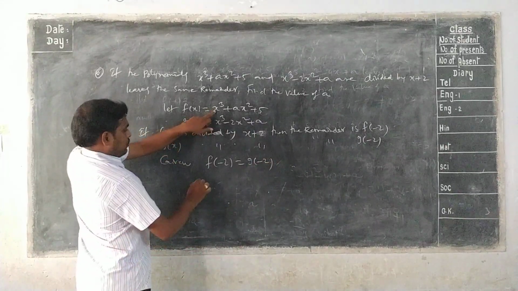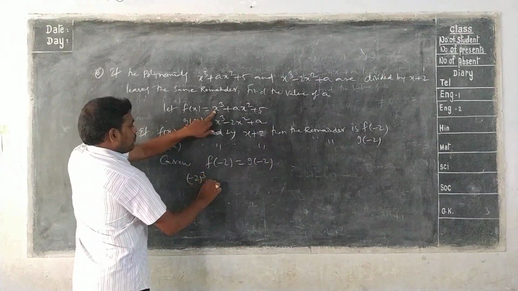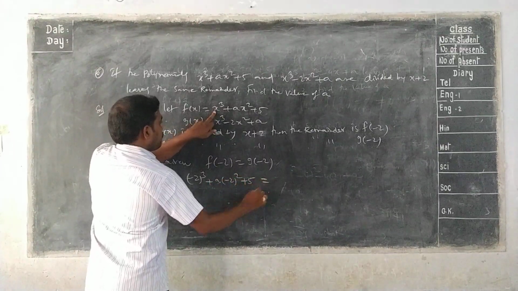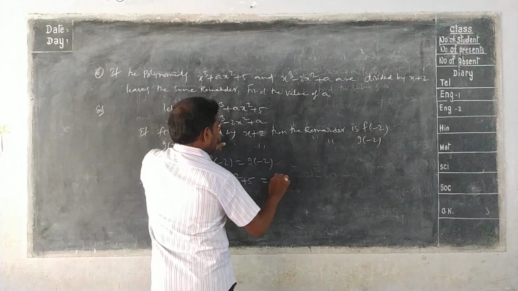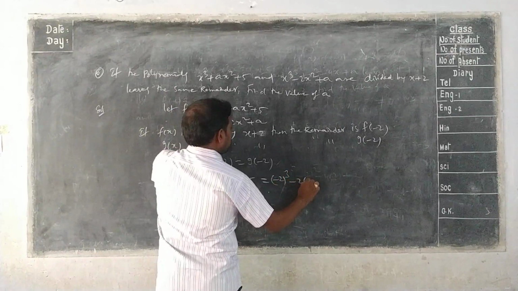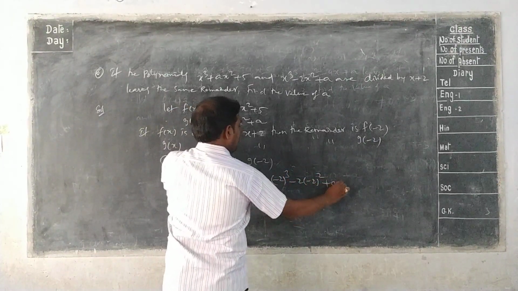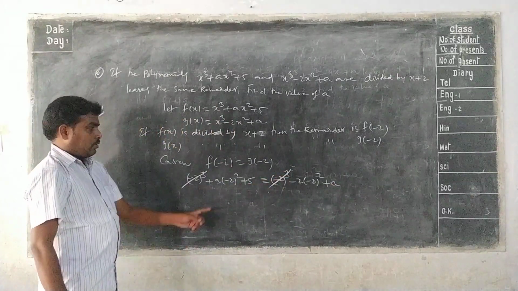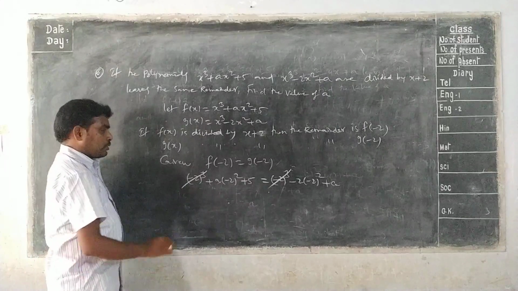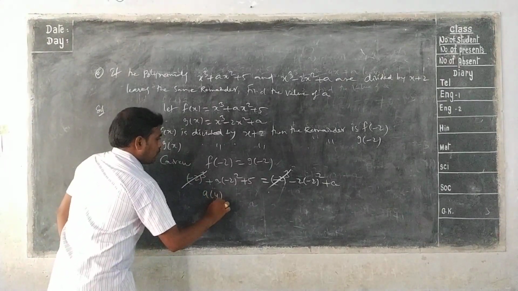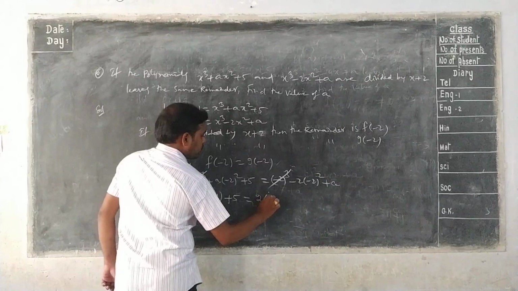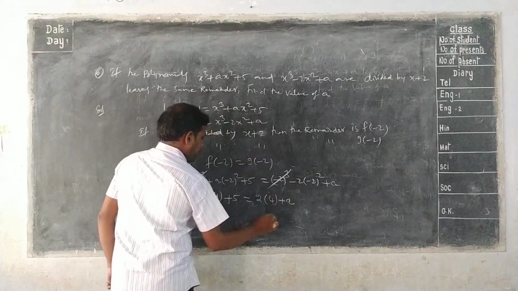Minus 2 whole cube plus a into minus 2 whole square plus 5, equal to minus 2 whole cube minus 2 into minus 2 whole square plus a. Minus 2 whole cube cancel. a into 4 plus 5 equal to 2 into 4 plus a.